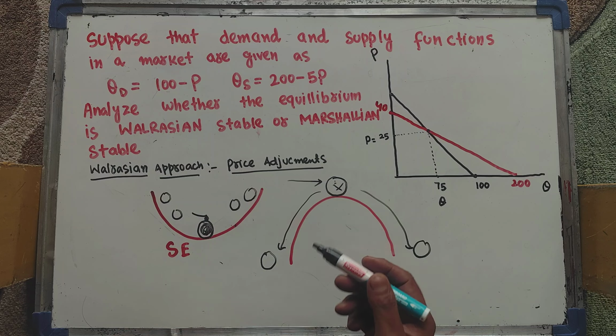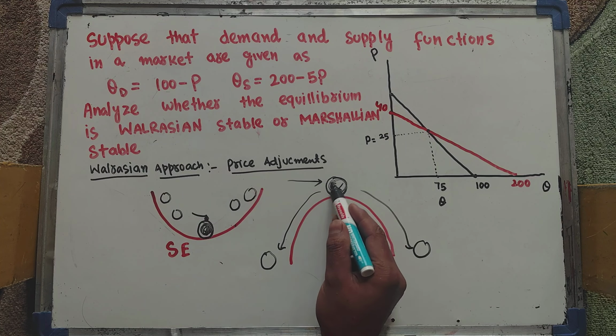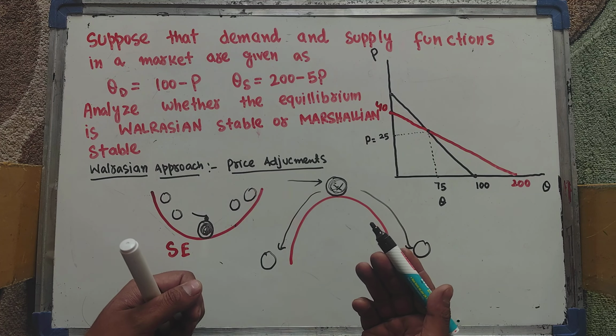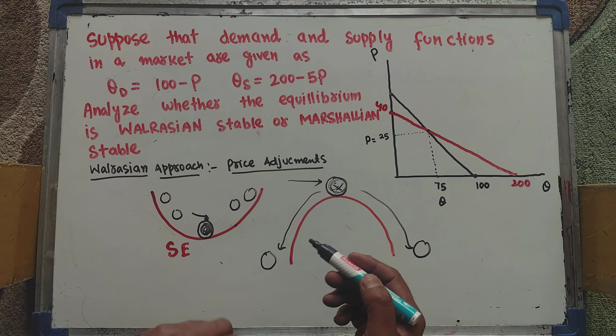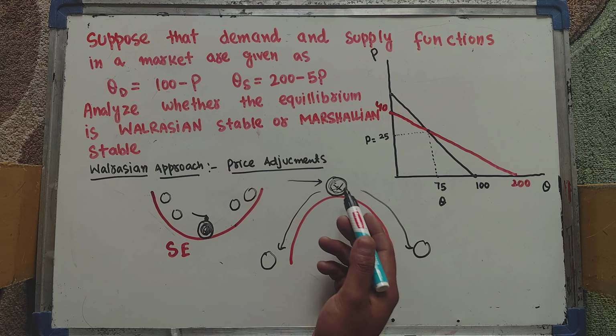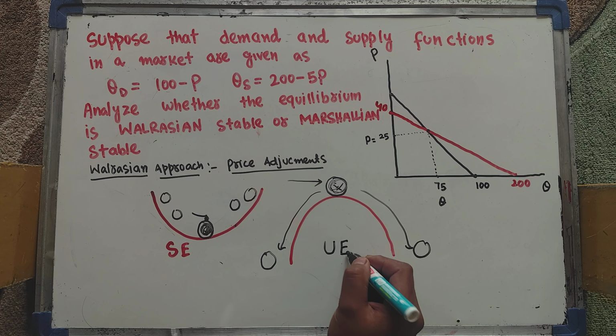So we say this equilibrium is unstable. Initially it is an equilibrium because it is at rest, at balance, but when this balance is disturbed, we are not able to get it back to the original position, so we say it is unstable equilibrium.